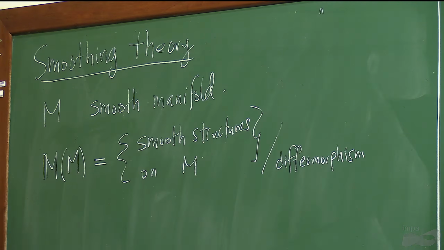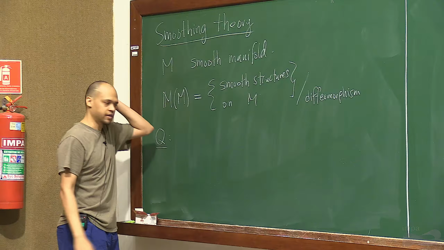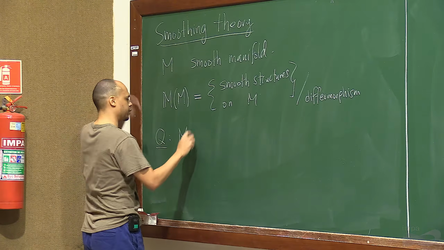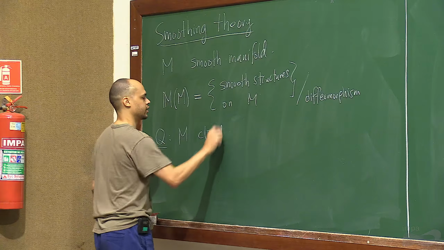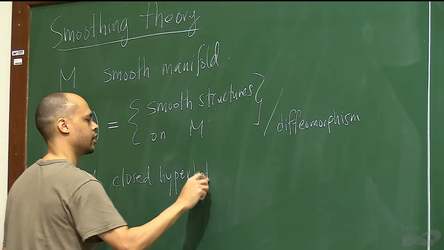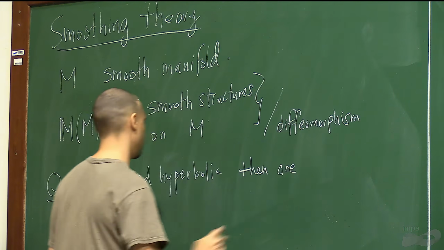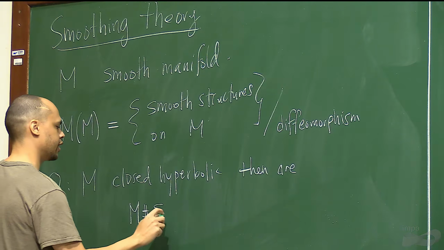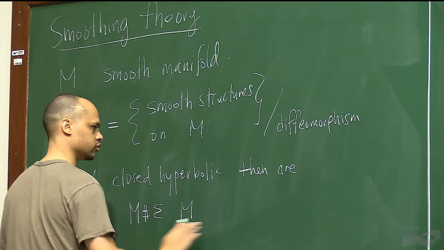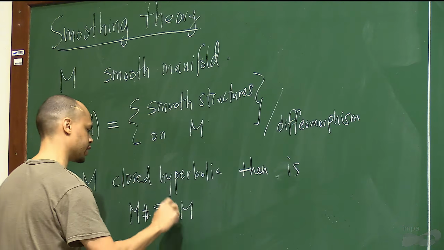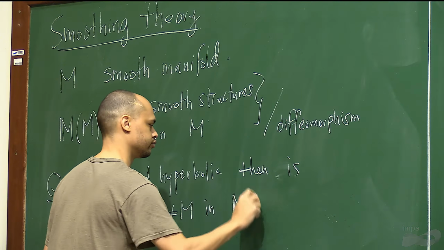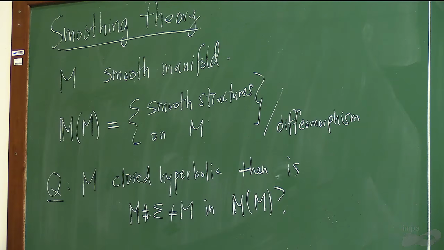And, well, essentially, we're motivated to understand something about this set. Basically, we would like to know if M is closed hyperbolic, then M connect sum sigma and M, are these different elements? Or when does this happen?